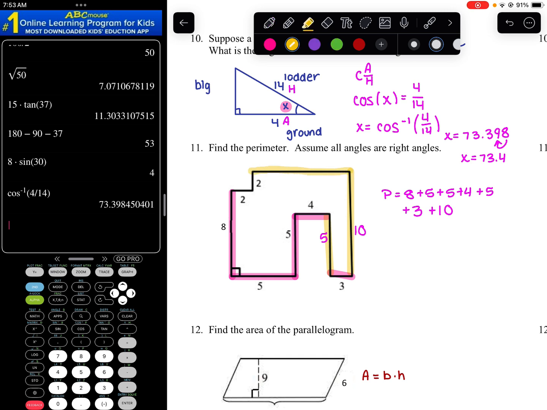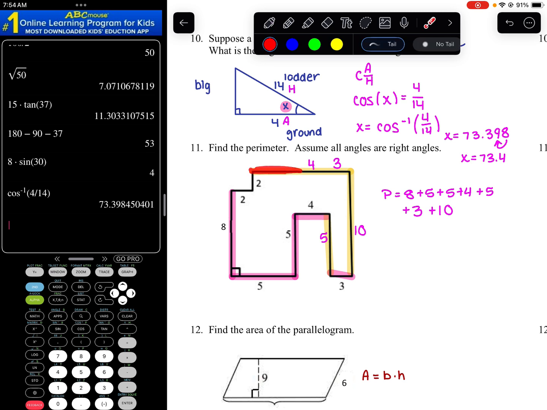They also don't give us this next side. However, we know parts of it. This little part would match up to this little part, which would be 3. This little part matches up to this little part, which would be 4.